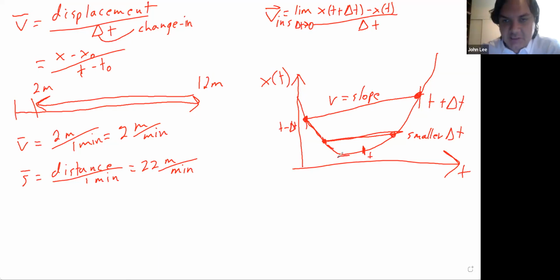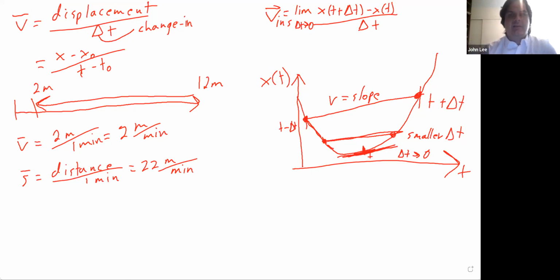Eventually you find delta t goes to 0, and that gives us the slope of the line at an instant, the line tangential to the curve. The slope of the line at that instant gives you your instantaneous velocity.